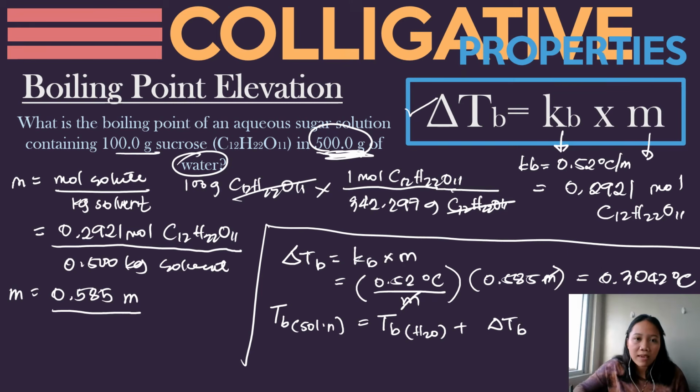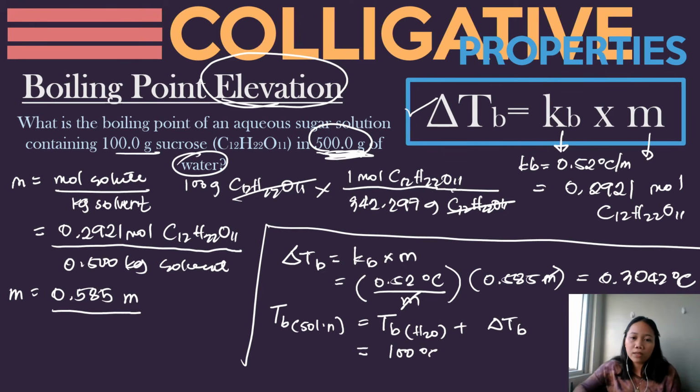Because remember, we have a boiling point elevation. There is an elevation. So that means we need to add something to the constant boiling point value of a certain solvent. Okay, that's why we need to solve for the change of your T sub B. So we know that the boiling point of water is, of course, 100 degrees Celsius.